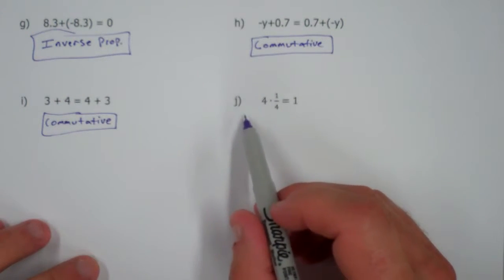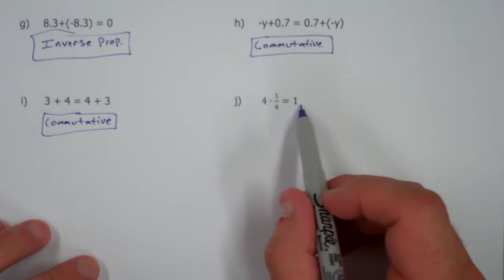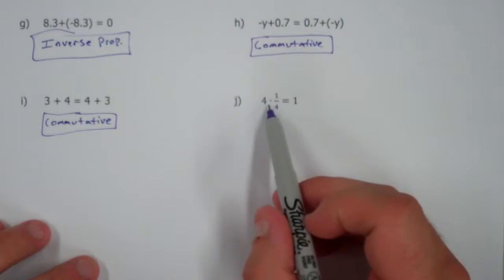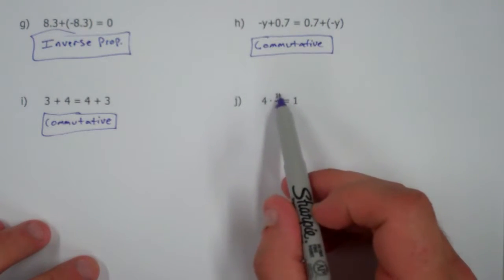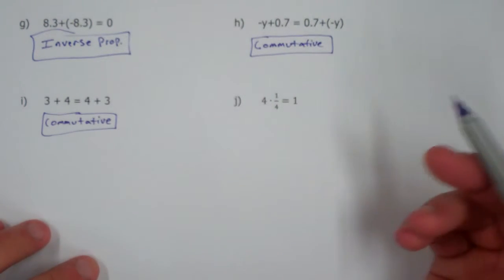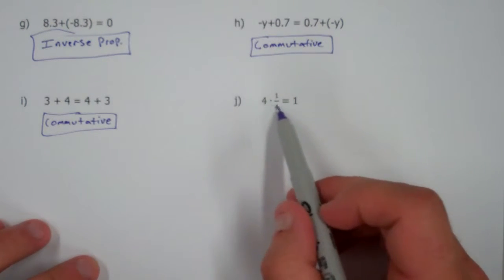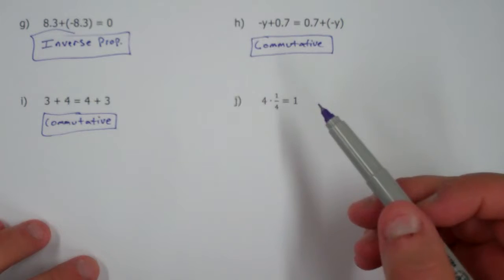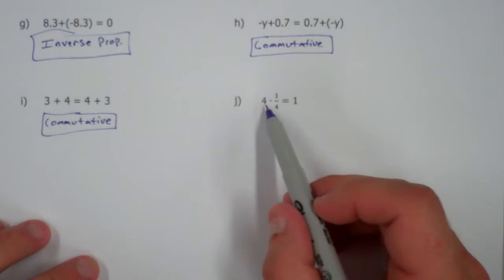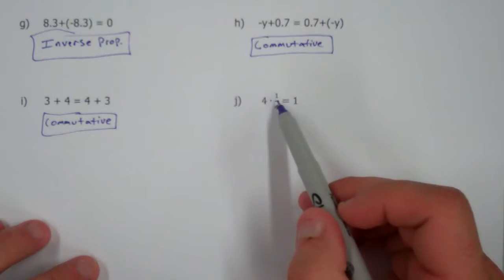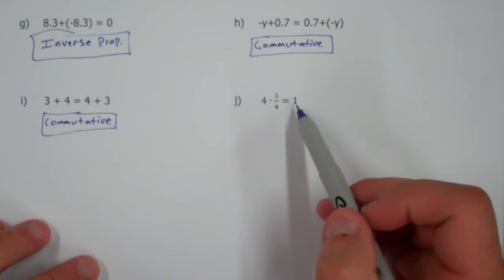J, 4 times 1 over 4 is equal to 1. Even though this is multiplication, when we do 4 times 1 we get 4, and then we're dividing here by 4, and these essentially here are inverses of each other. If you started at 1 and you multiplied by 4, you get 4, and then if you multiply by a quarter, you get back to 1.